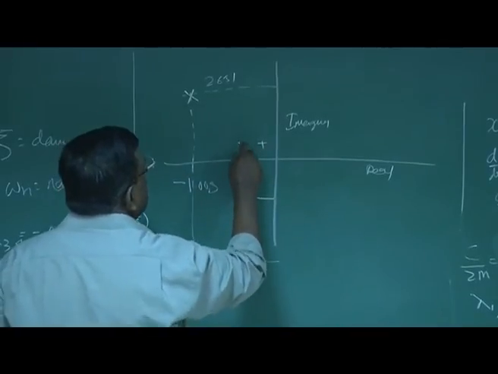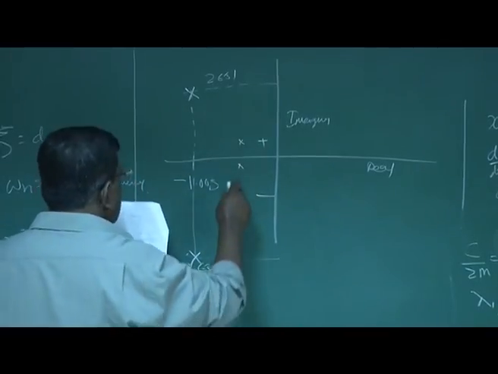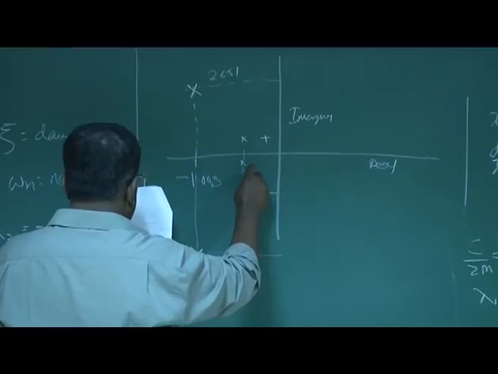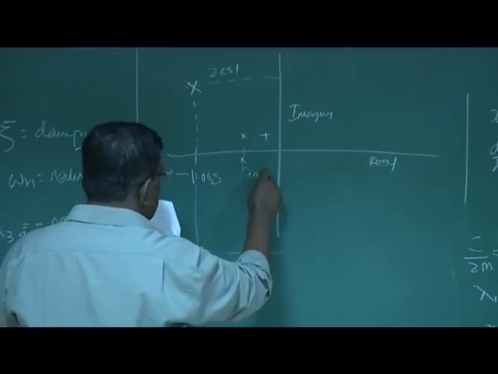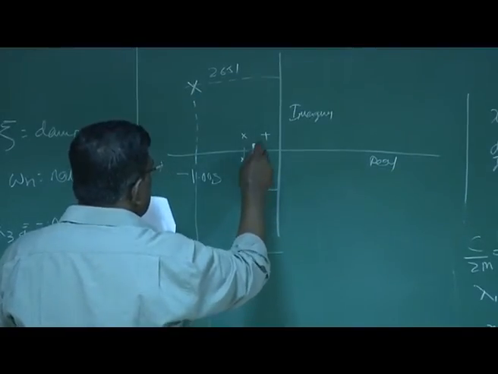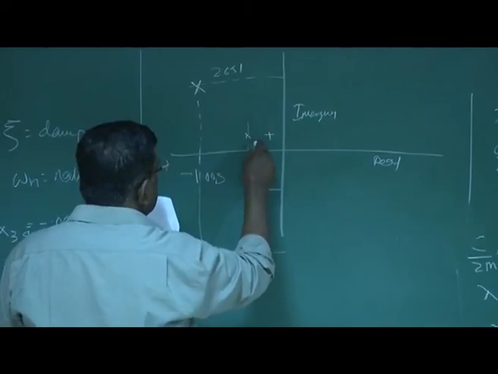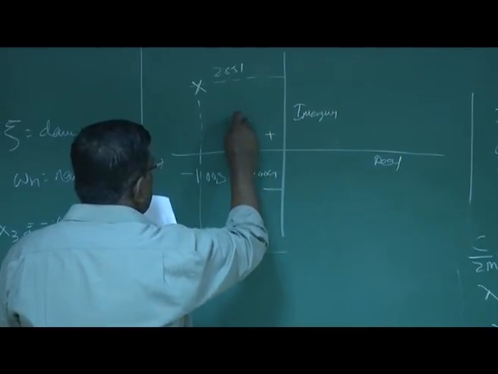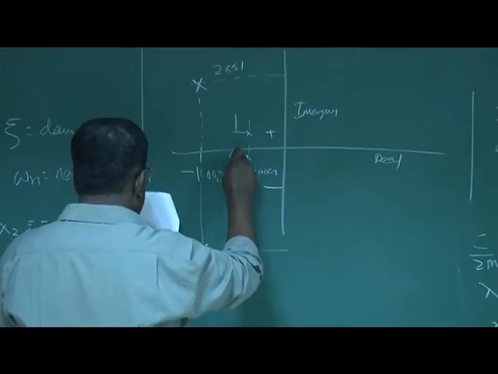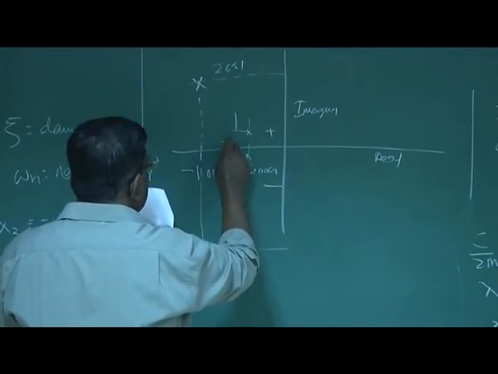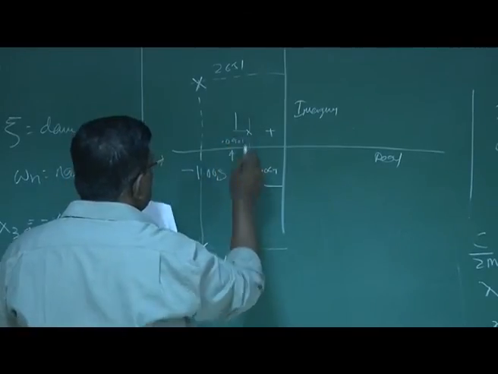Another pair is given somewhere here, where this value is 0.0069, of course minus, and this value corresponds to 0.0905.